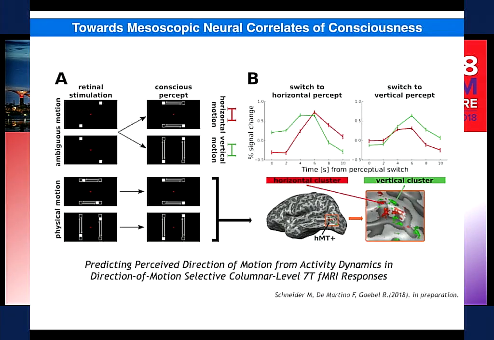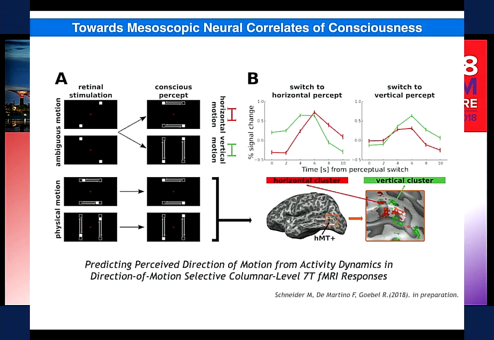So if we now look at what's happening, we mapped this also physically by real moving horizontal and vertical stimuli, so we knew the columns for horizontal and vertical. And then we looked at what happens when subjects report by button press: I perceive this ambiguous stimulus now as horizontal motion, or now as vertical motion. It's the same physical stimulus. Then we see that the columns' activity changes.